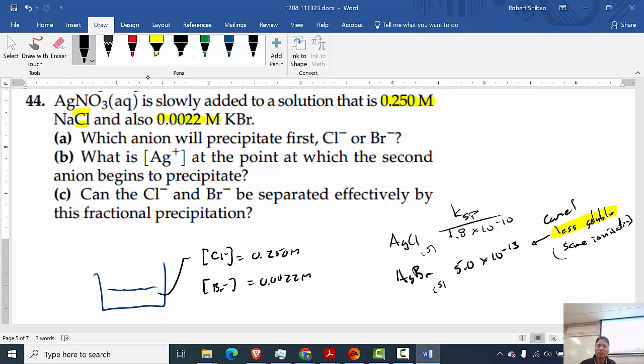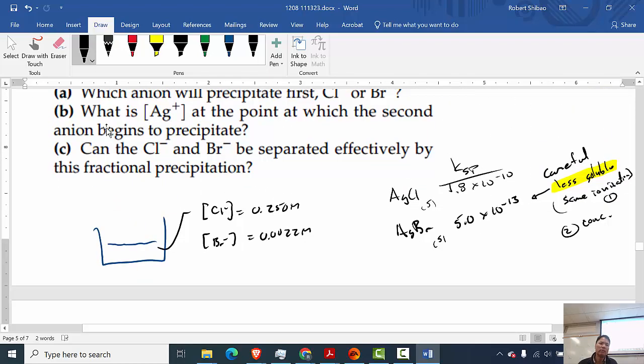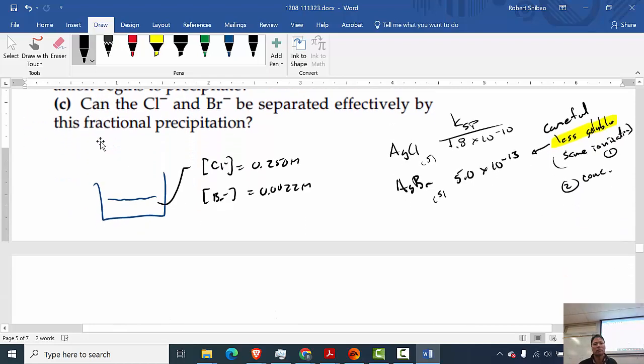We have to be careful because one, it depends on the ionization, and two, it depends on the common ion concentrations. And so the safest thing to do is calculate the solubilities. But we're not going to calculate the solubilities with common ion because it's a waste of time. When we have fractional precipitation, we don't need to calculate solubilities. And I recommend not calculating solubilities with fractional precipitation.